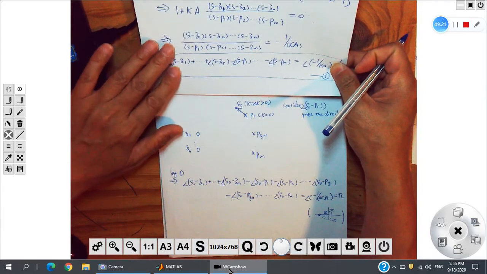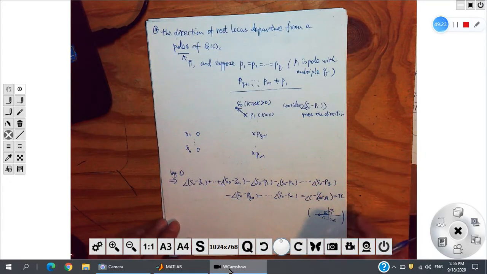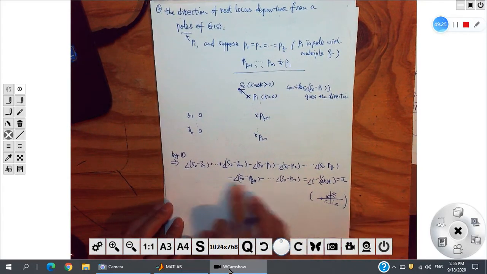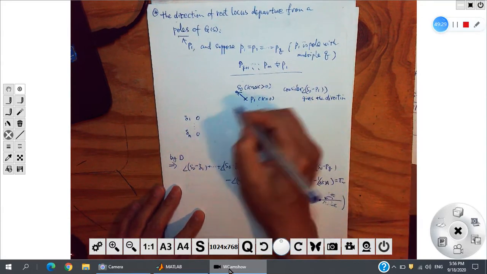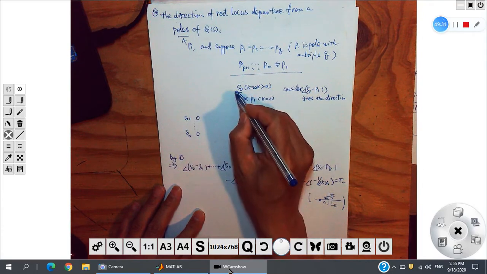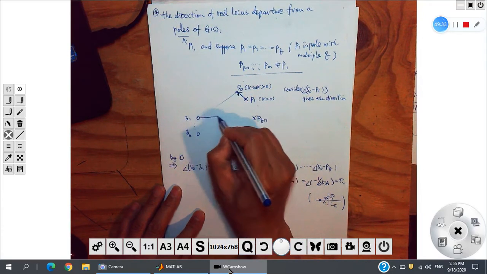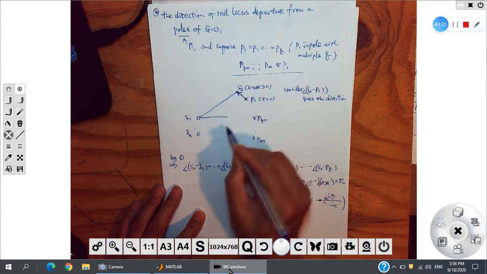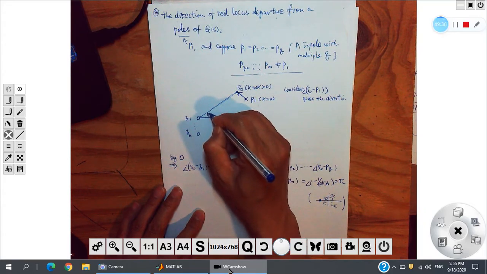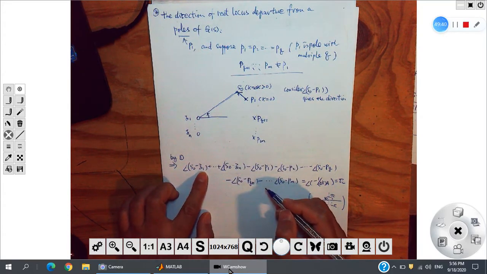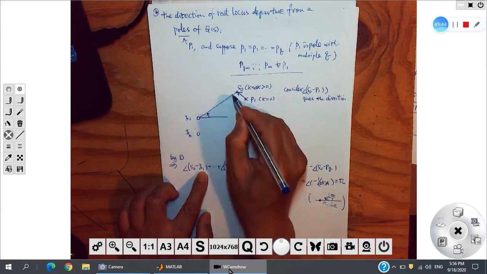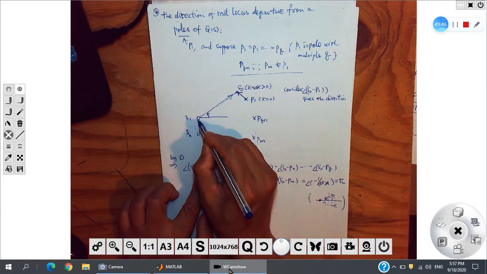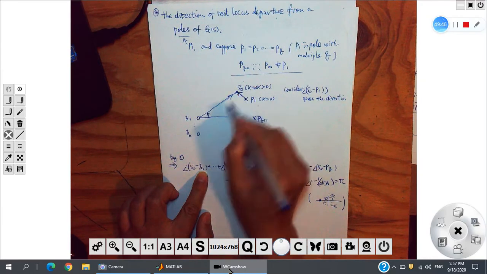Right, we have this. And look at here, this is the angle S0 minus Z1. We consider this the direction from Z1 to S0, and the angle is here.